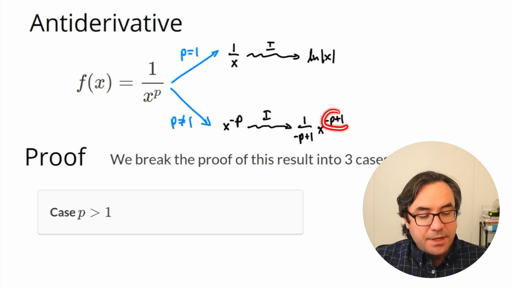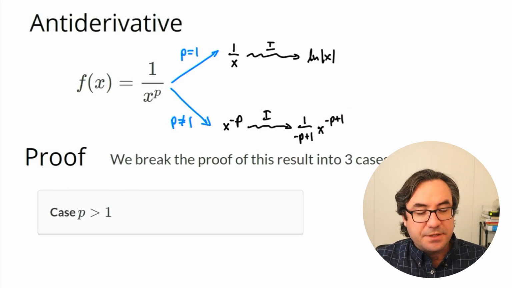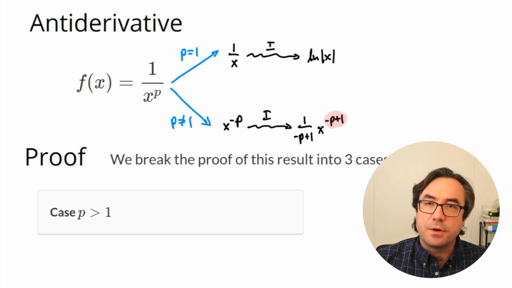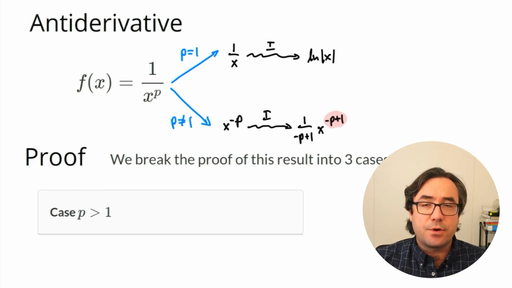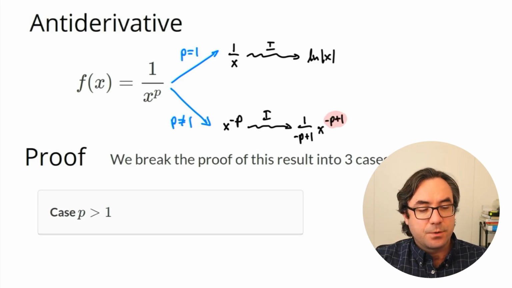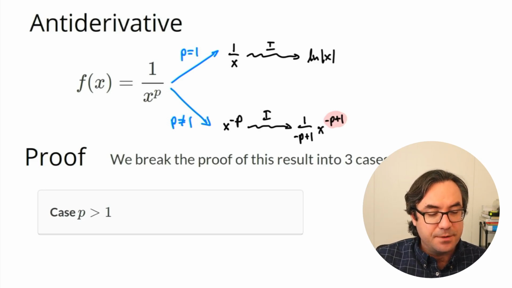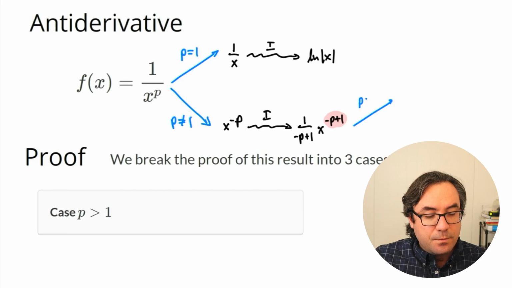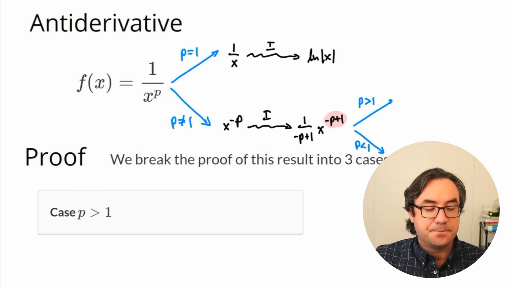If we look at this exponent, we can break this down into two further cases. So this exponent is kind of important for how we're going to consider some of the improper integral calculations. So we're going to break this down into two separate conditions, when p is greater than 1 and when p is less than 1.